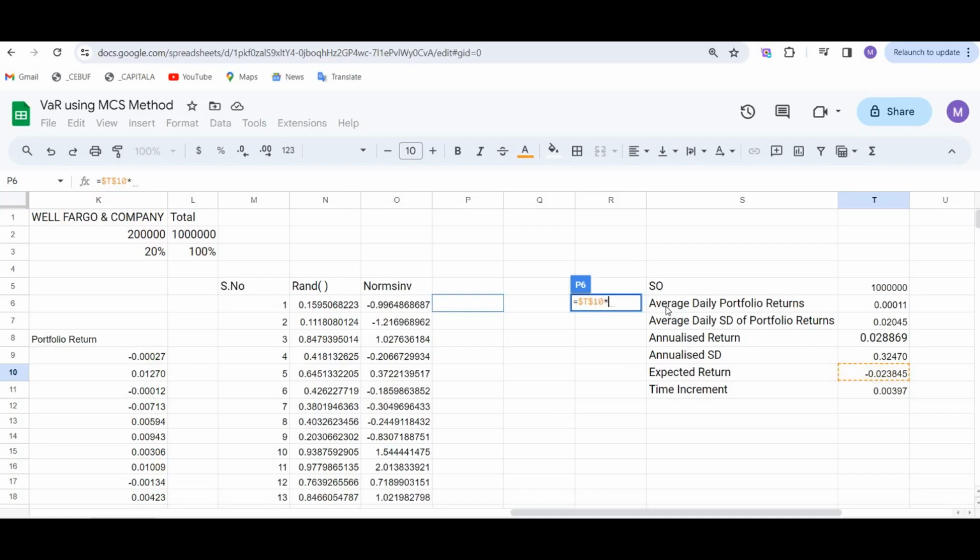Multiplied by time increment plus annualized standard deviation. Again, lock this one. Then multiplied by this value.